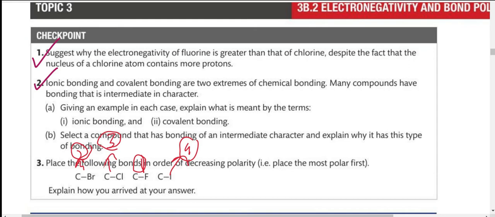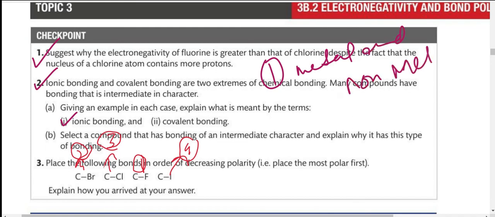We need to have 3 points in our mind. First of all, it's a bond which is made between metals and non-metals. Number 2, the complete transfer of electrons.